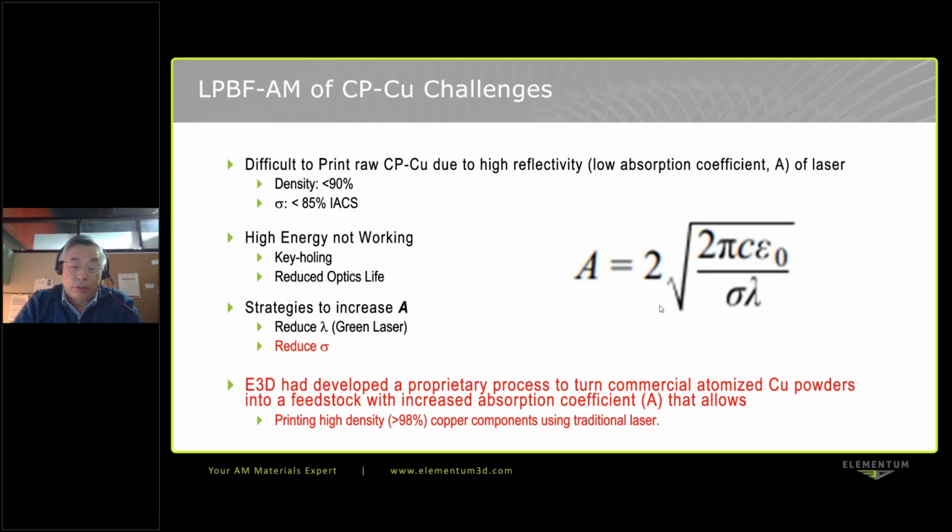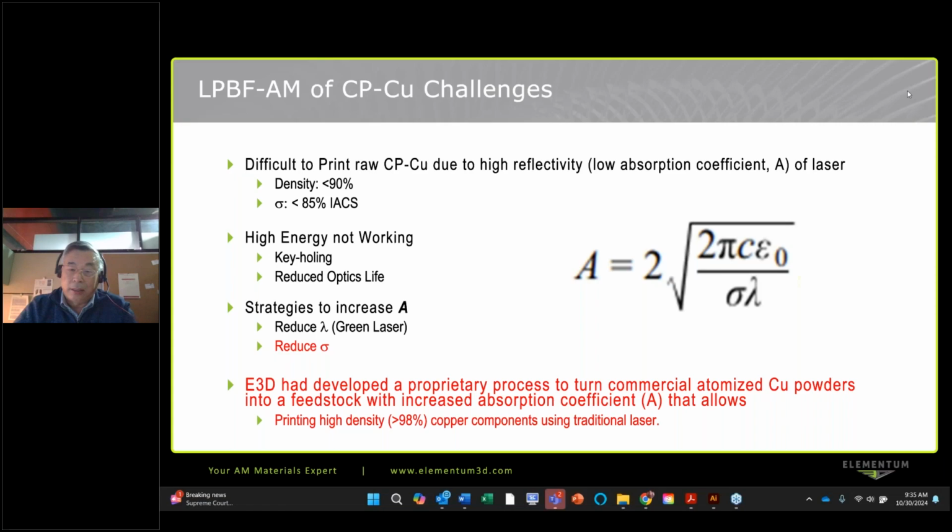So when it comes to printing conventional pure copper, it is difficult. The reason is really because it has a high conductivity and it has very high reflectivity. So basically, the laser energy is reflected off. In other words, absorption is very, very low.